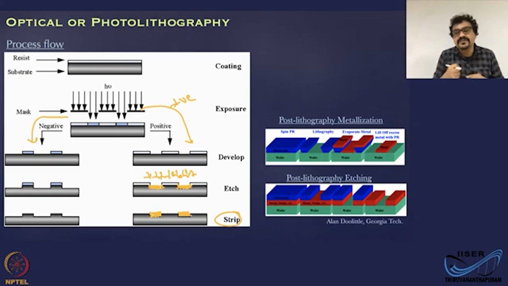Okay, so that is essentially the process of lithography. And this lithography you can do either by energetic radiations such as ultraviolet radiation or X-ray radiation, or you can also do it with charged particles such as electrons and ions. So both of these processes we will discuss in this module.